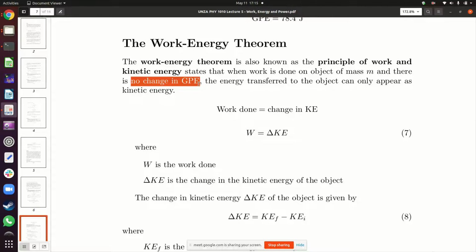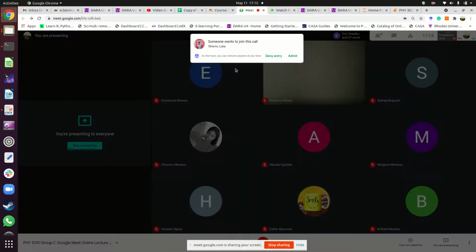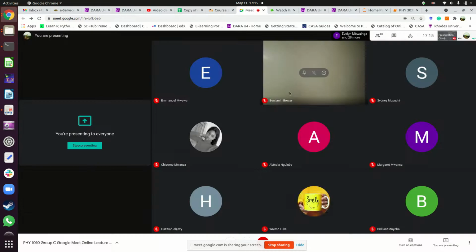The energy that is transferred to the object is going to appear in the form of kinetic energy. That's what the Work-Energy Theorem says.